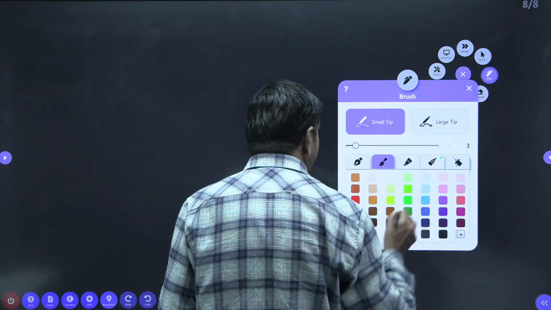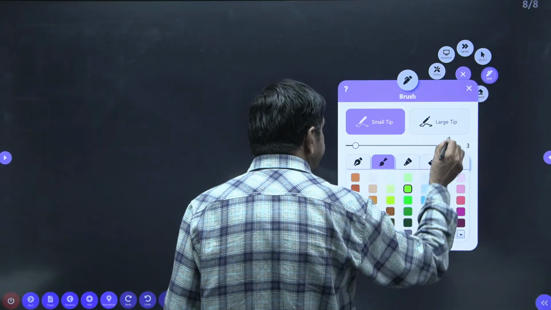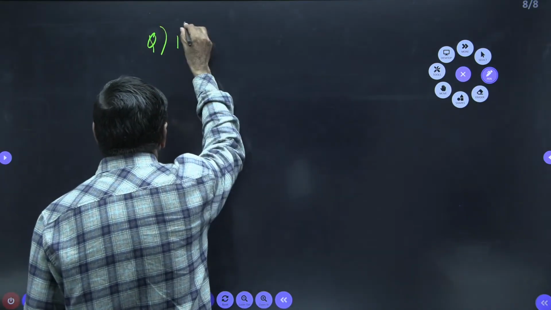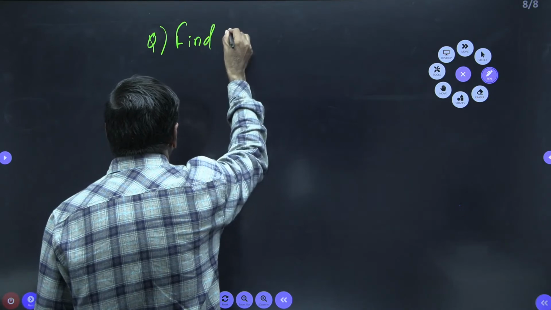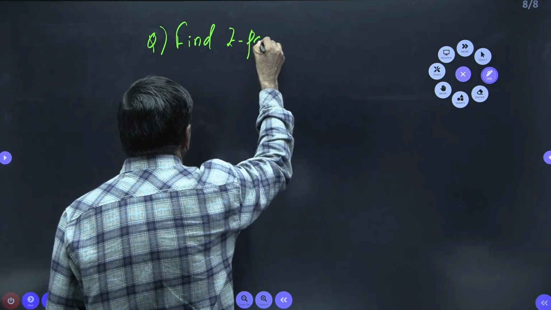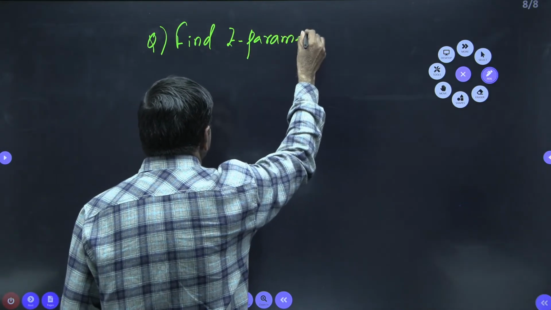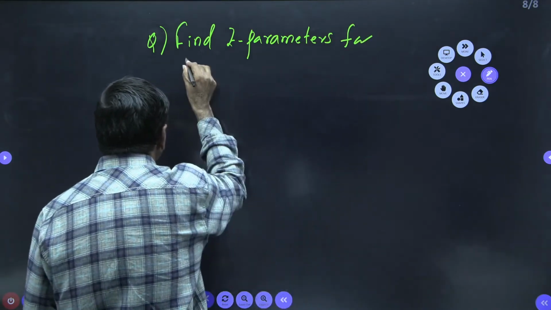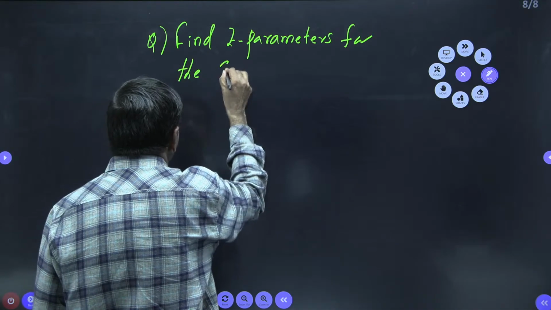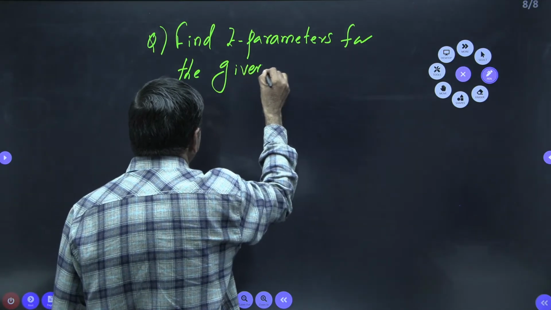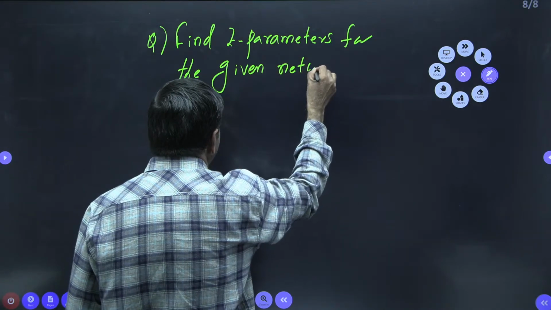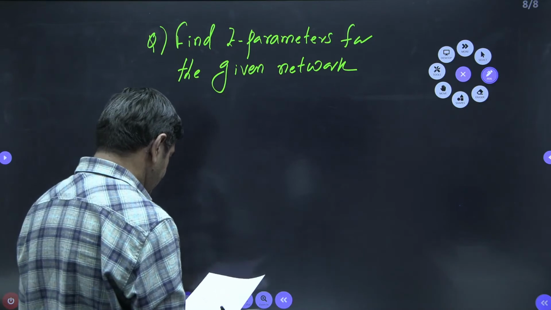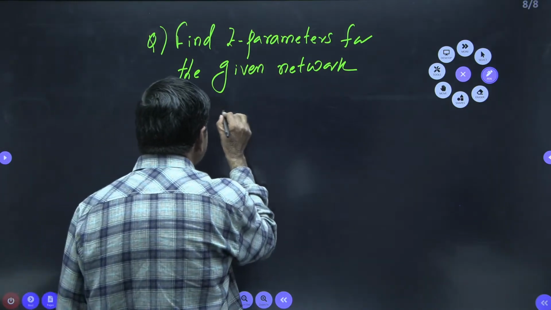The next question is given like this. Find Z parameters for the given network. The network is given as a 2 ohm resistor here.